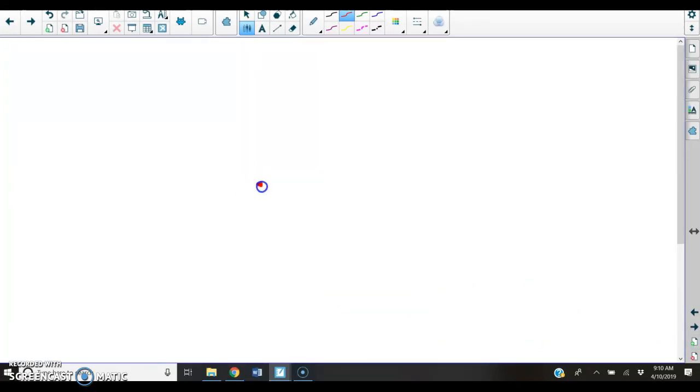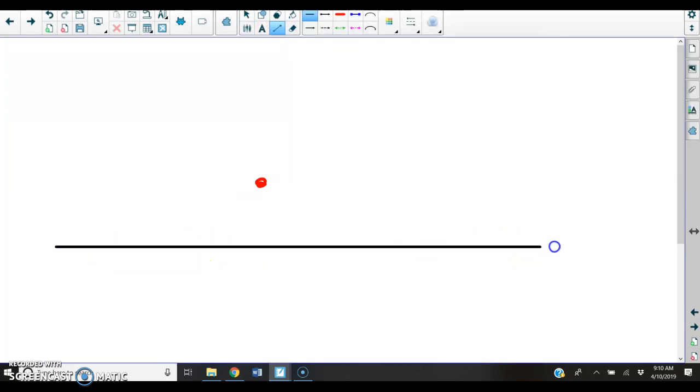So here's my point, and I'm going to give myself a decent line. So if a parabola is all the points that are the same distance from that point and the line, then this would be a point that is on my parabola, because hopefully I was close enough for you to understand that this distance and this distance are the same. Okay, so now let's look at another one.